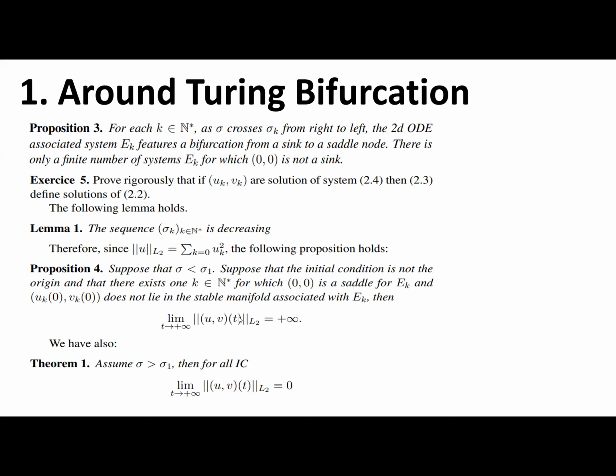So we have just explained what is the meaning of the proposition 4. So we did it for k equals 1, but then when you decrease sigma, the same thing is valid for sigma k.